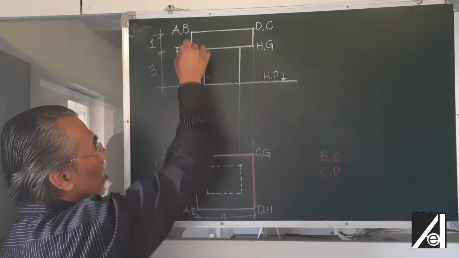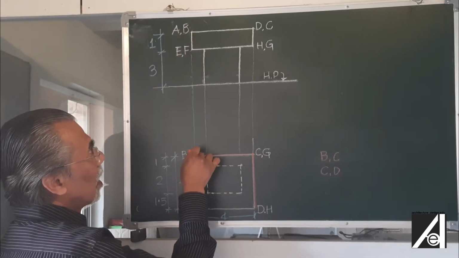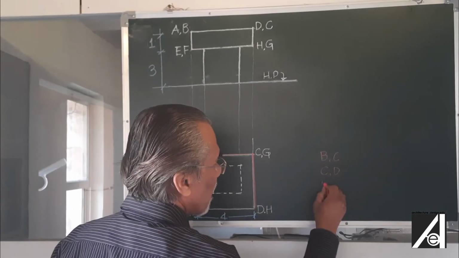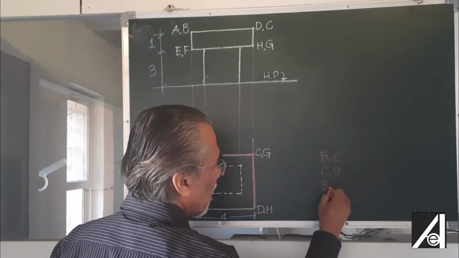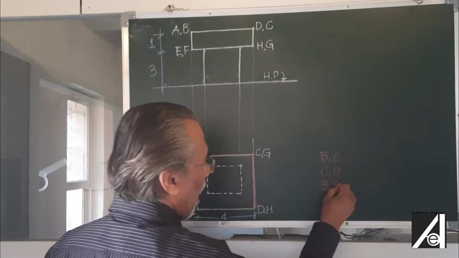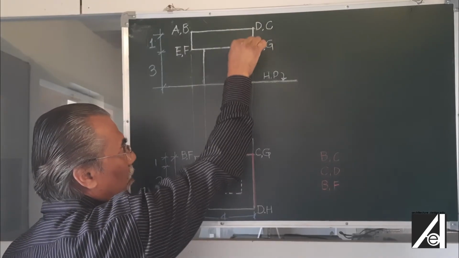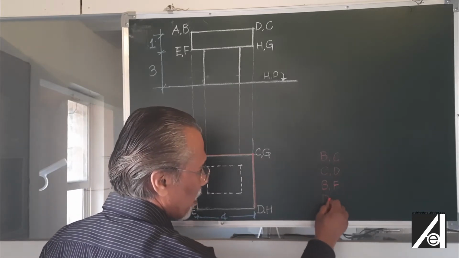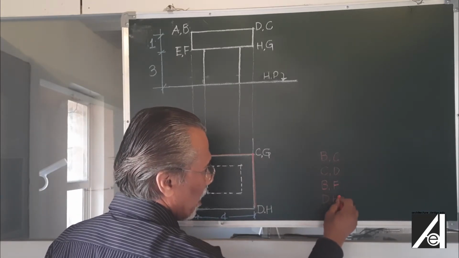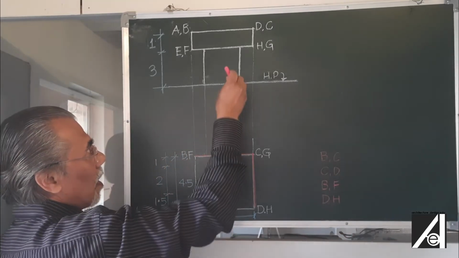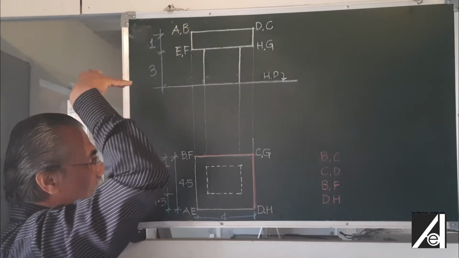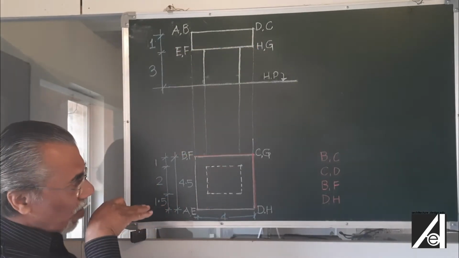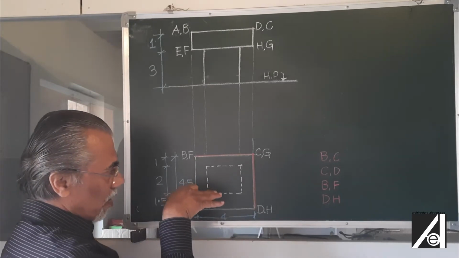Then we have this vertical edge cutting here which goes down, that we can call BF. So BF is another edge. Then this vertical edge, the one which comes here, is DH. So DH is also one edge. Then, although the light falls like that, these lower edges, these two lower edges also are going to cut the light.